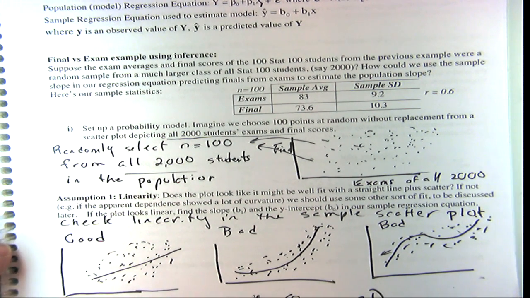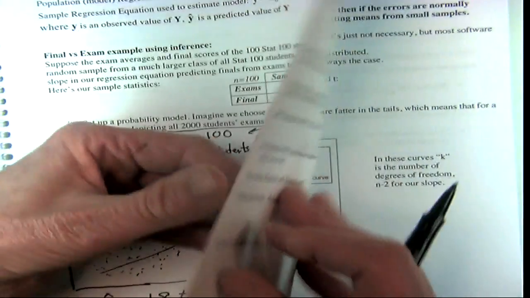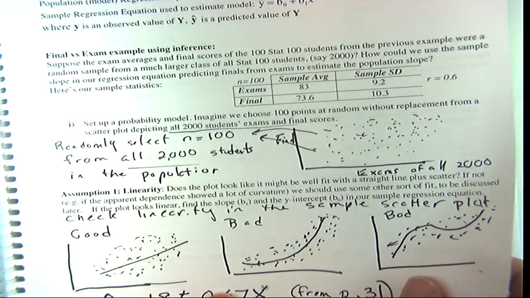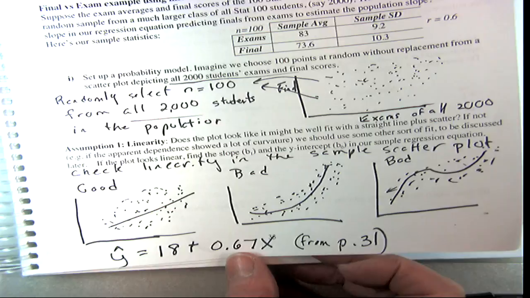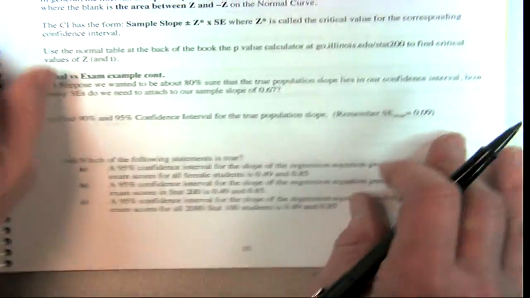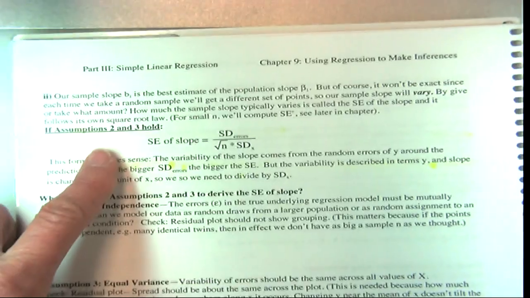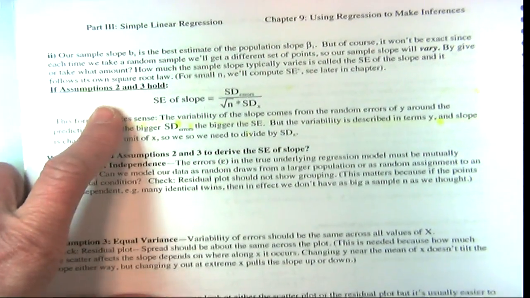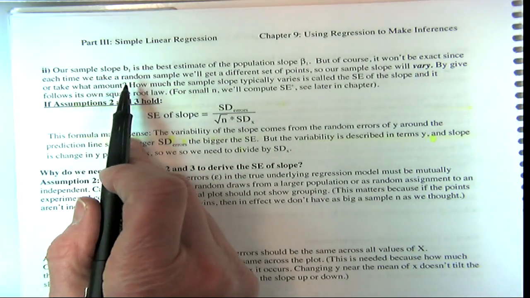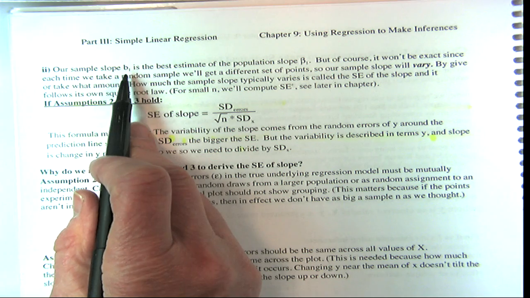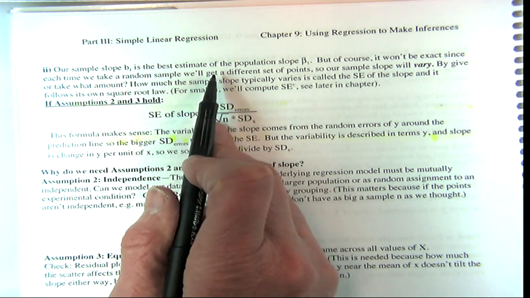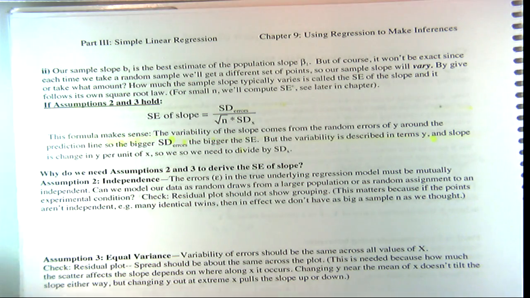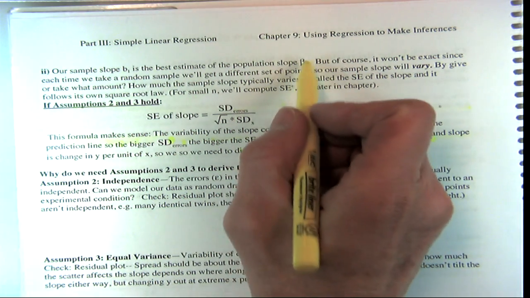Now what we want to do is get a standard error for that slope. That's what we're going to think about now. So our sample slope, the Roman letter b for just one slope here, is the best estimate of the population slope beta.